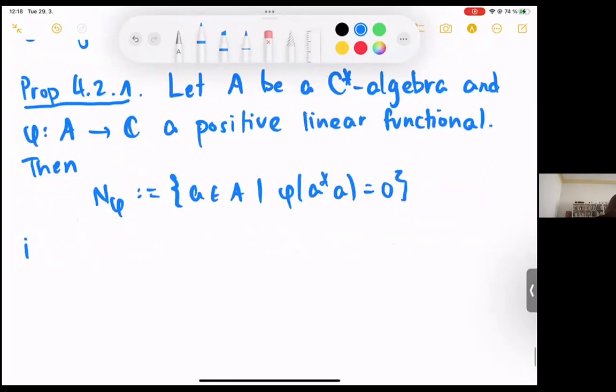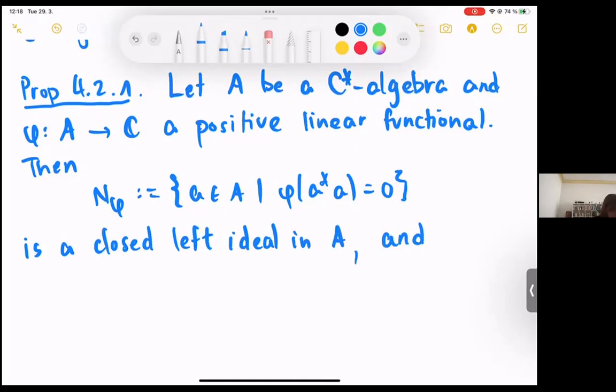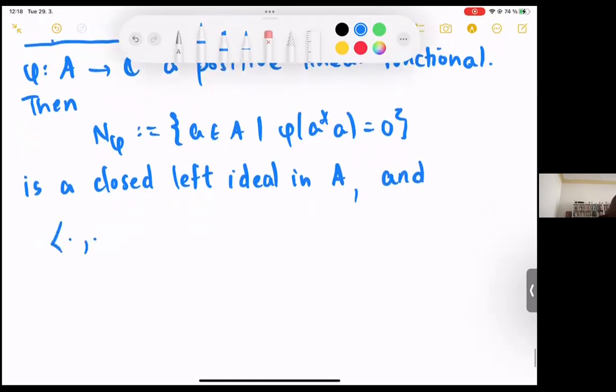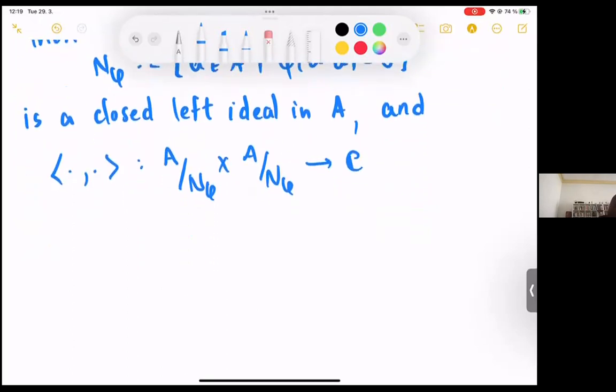And this is a closed left ideal in A, and we can define an inner product on A mod N phi.